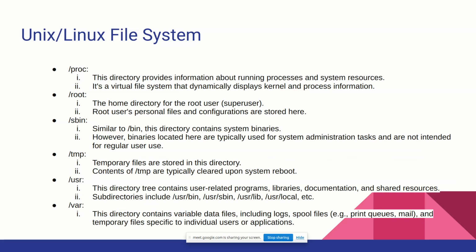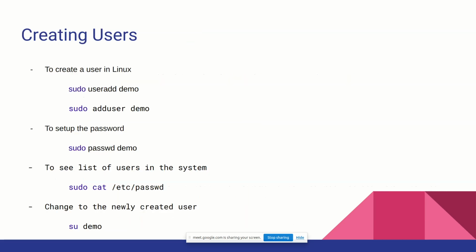We discussed all these directories, and the next thing we started with was creating users. Creating users is also a very important thing. We should know how to create a user in Unix based systems. To create a user, you have two commands, useradd or adduser, and then how to set up a password for the user, how to see the list of users on the system, and how to log in or access something with a separate user using the su command.